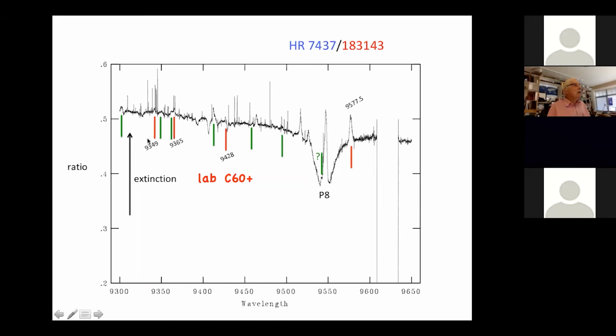And these red lines correspond to the other three lab features of C60 plus. But over and above that, we also find right away that there are lots of other diffuse bands in here.